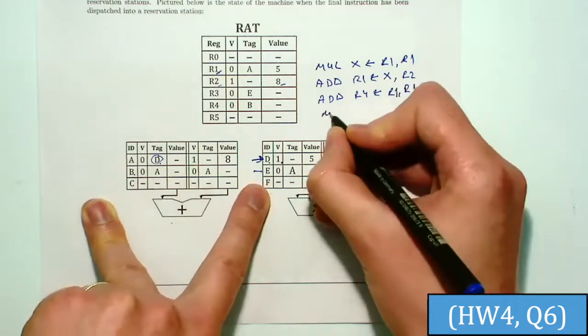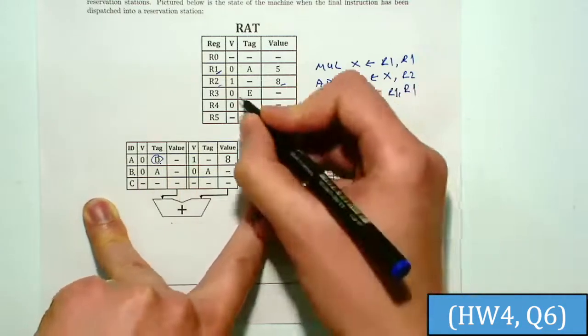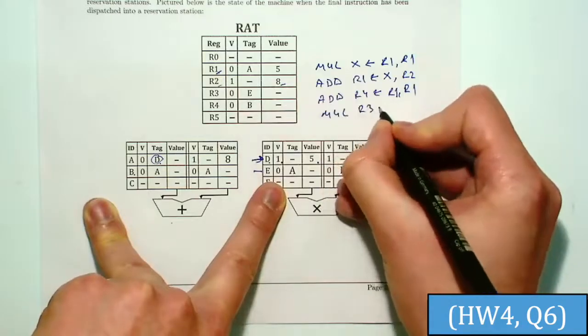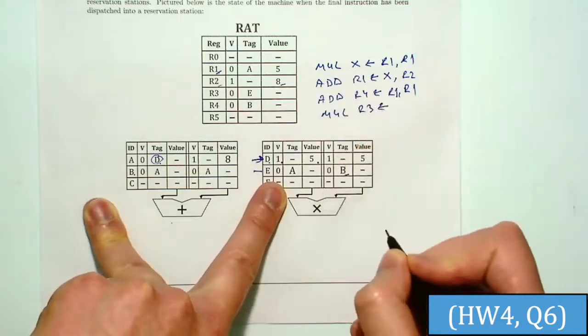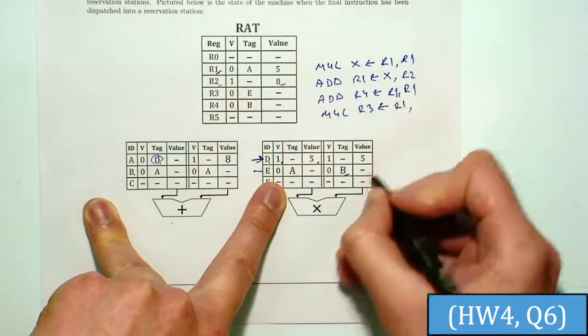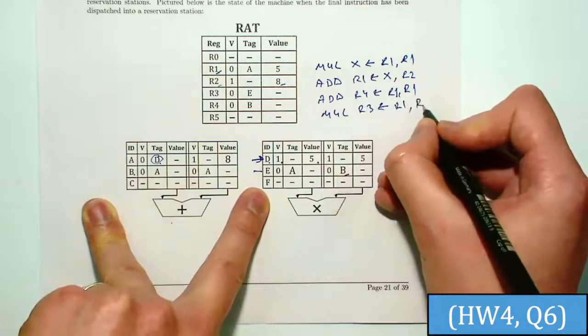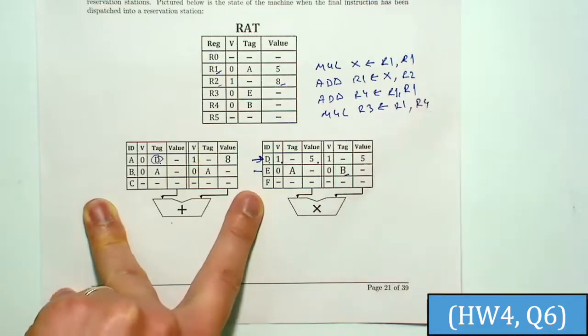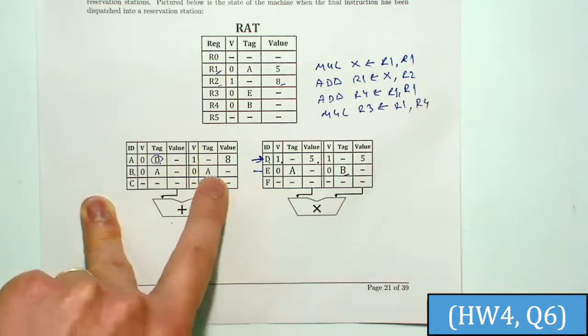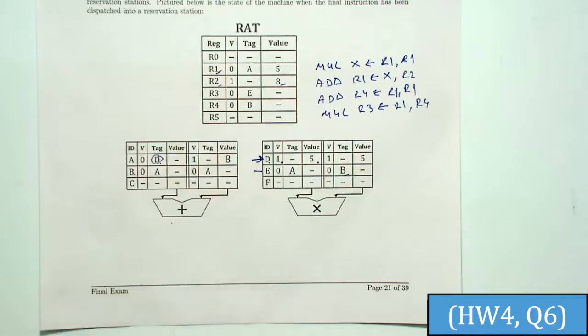And the last instruction is multiply, writes to R3, and source registers are R1, and B was writing to R4. Okay. Yeah, so this is the program basically.